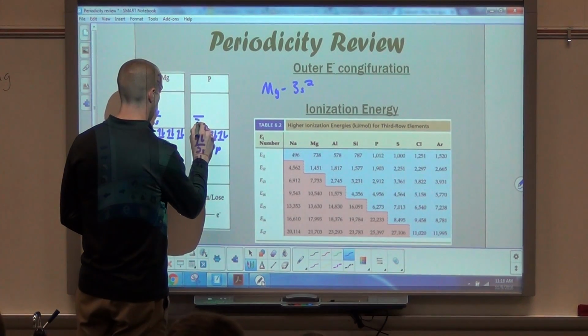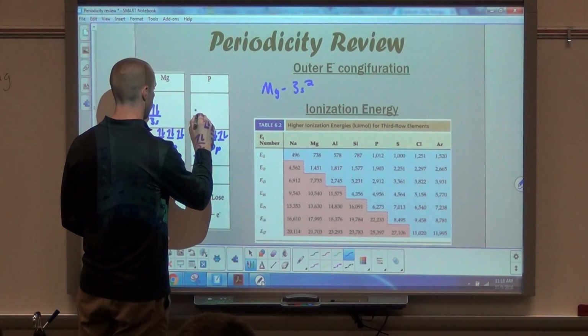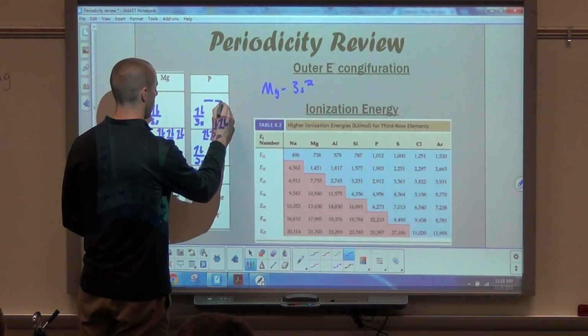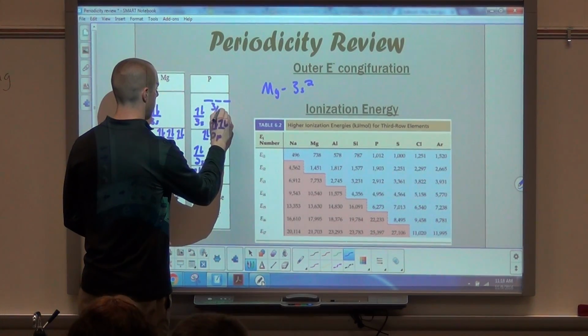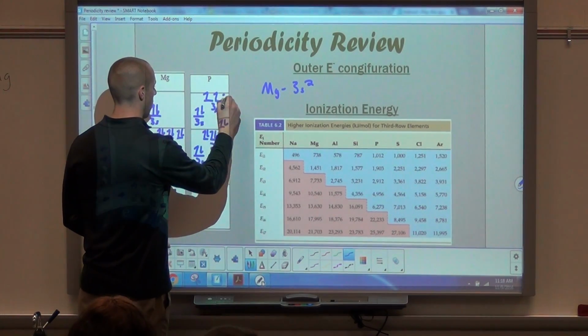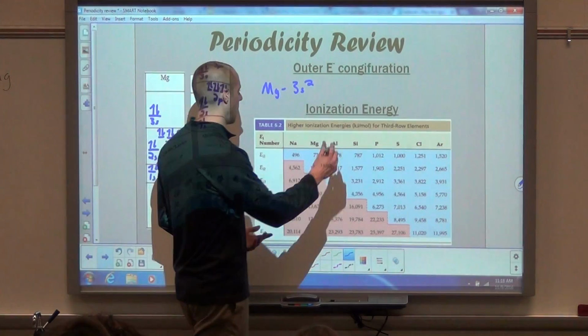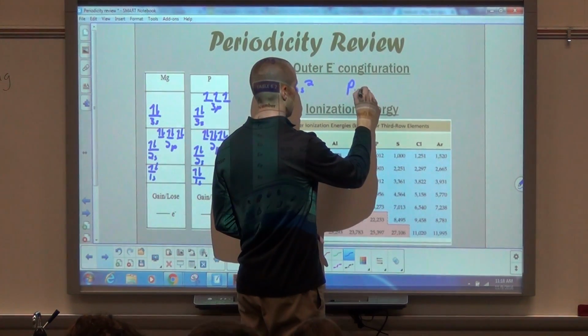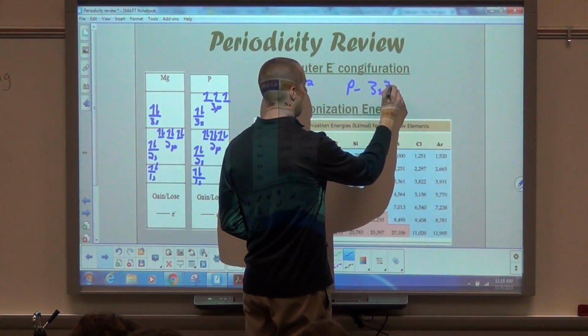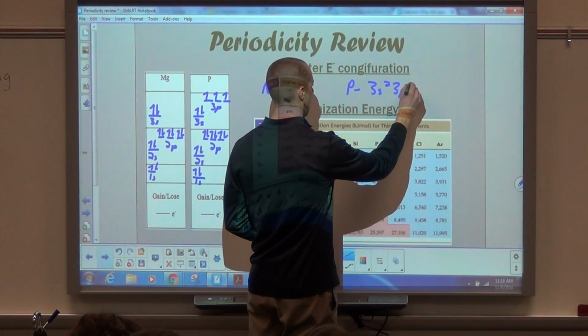We're always going to fill the s first with 2, and then the 3p will have 1, 2, 3, because we need to have 5 in this 3rd energy level. Then when we write out the outer electron configuration, it's going to be 3s2 and 3p3.